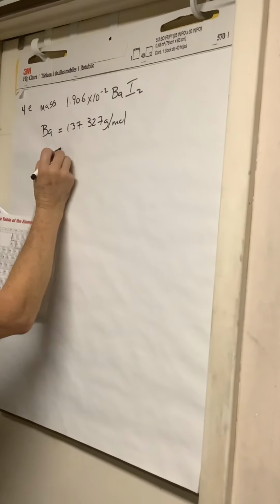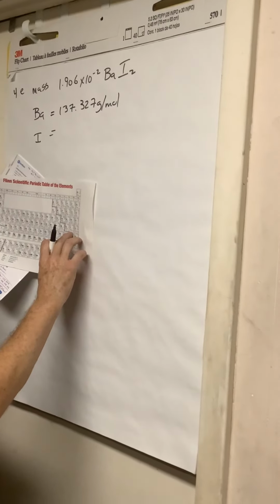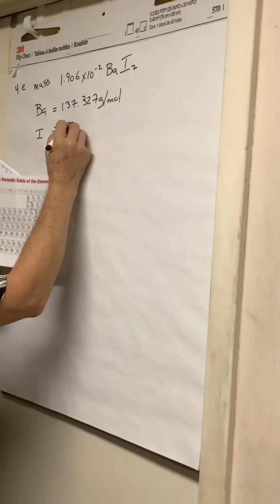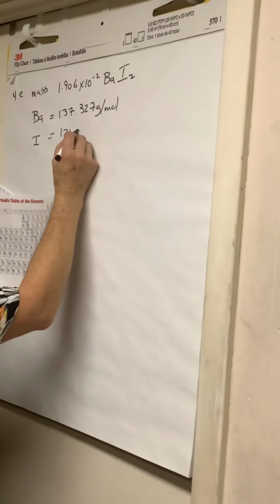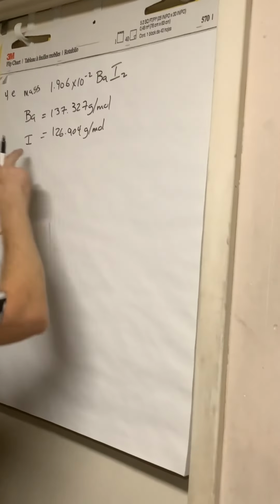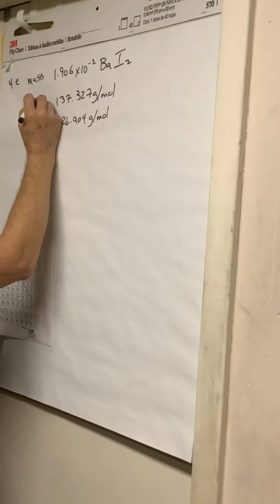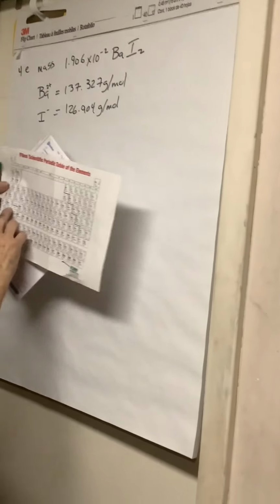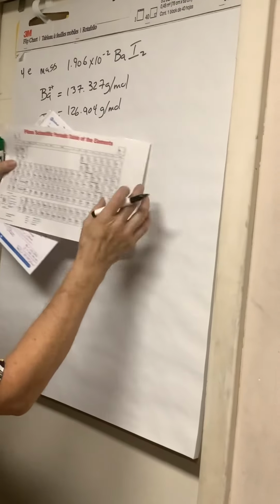And the iodine is group 7. It's a pretty heavy element too, 126.904 grams per mole. But there's 2 of them because this is always -1 and barium is always 2+ because it's group 2. If you see barium, it's down here, and under the valence, it's always a 2.